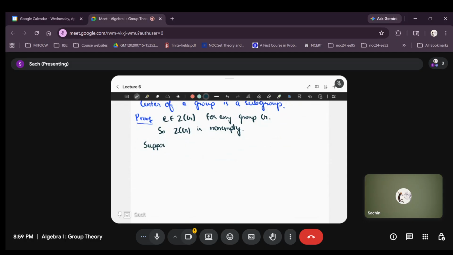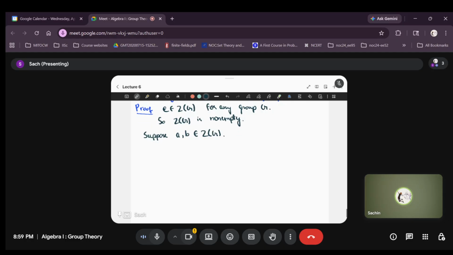Suppose A and B belong to the center of the group. What does that mean? By definition, for all X in G, AX is equal to XA and BX is equal to XB.